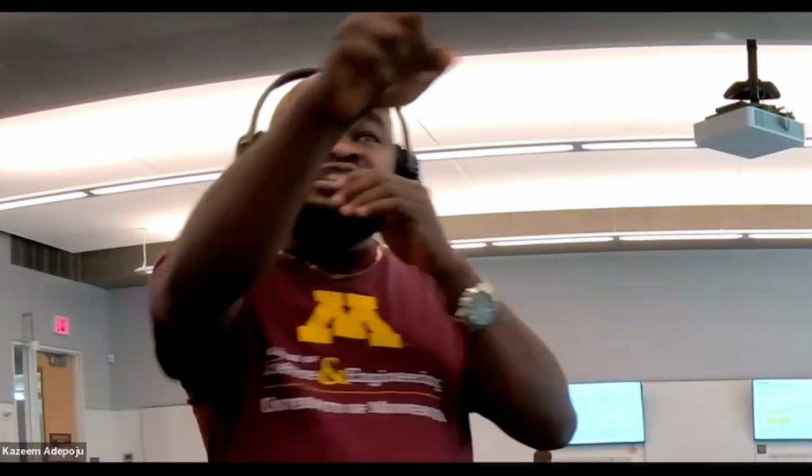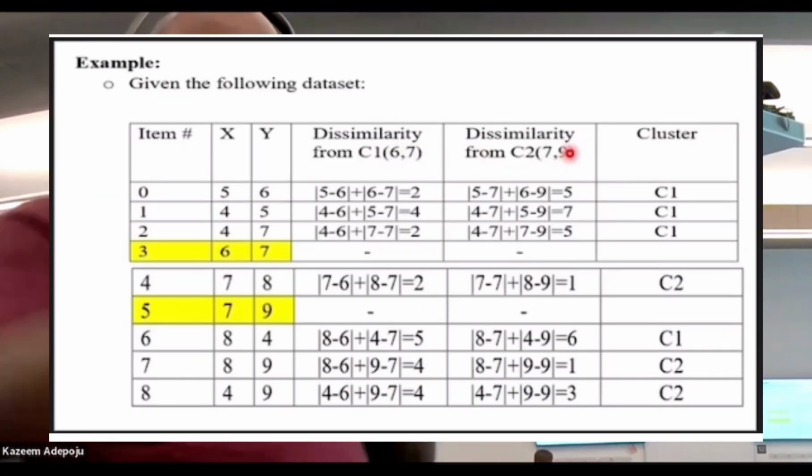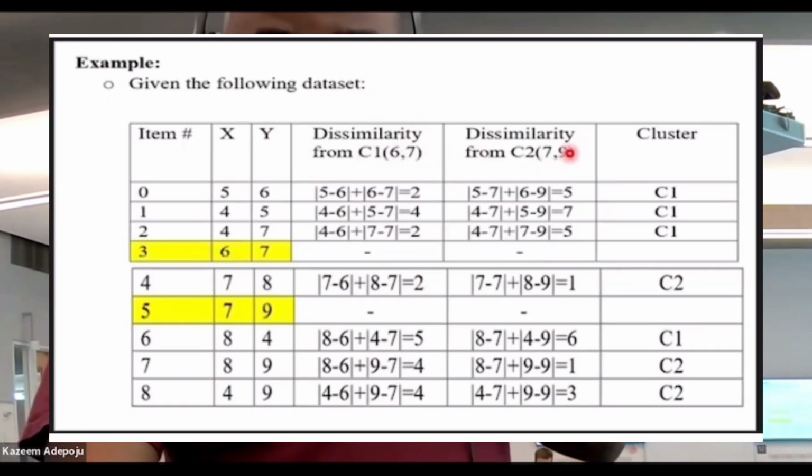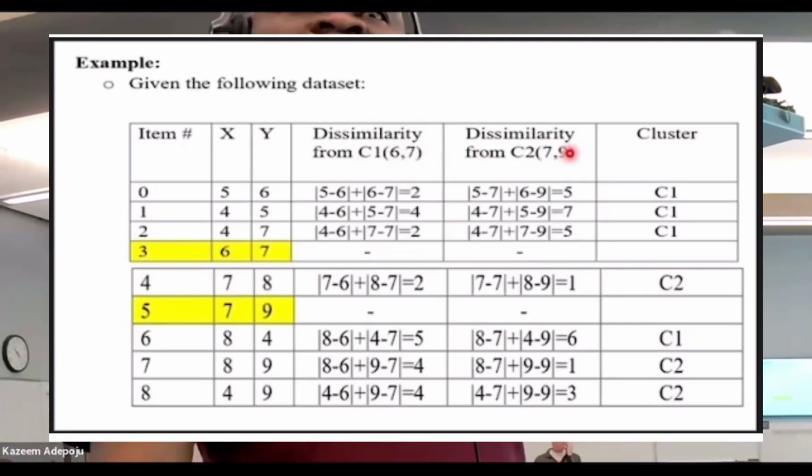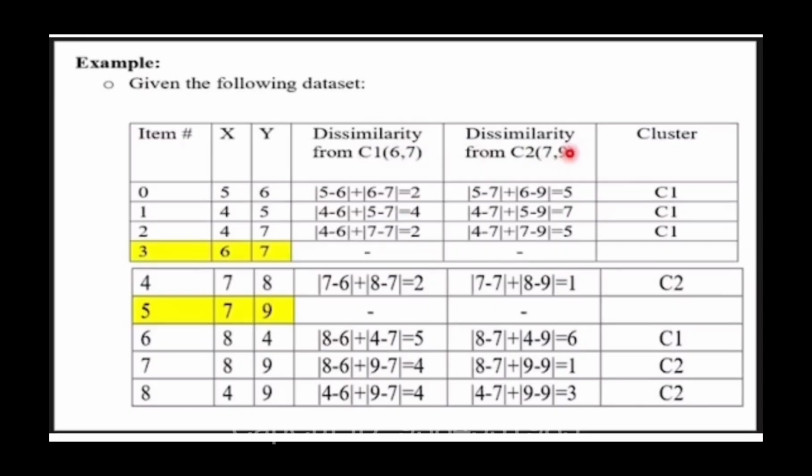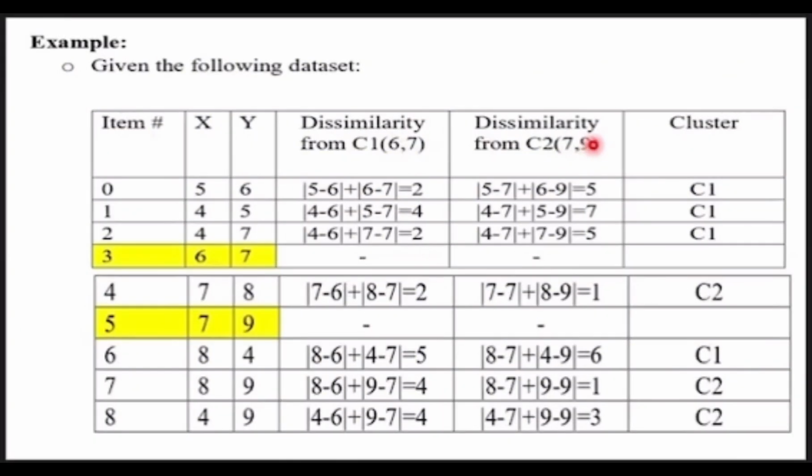The first one is 6, 7, and the second one is 7, 9. I'm going to put the 6, 7 in cluster 1 and 7, 9 in cluster 2. Please pay attention.